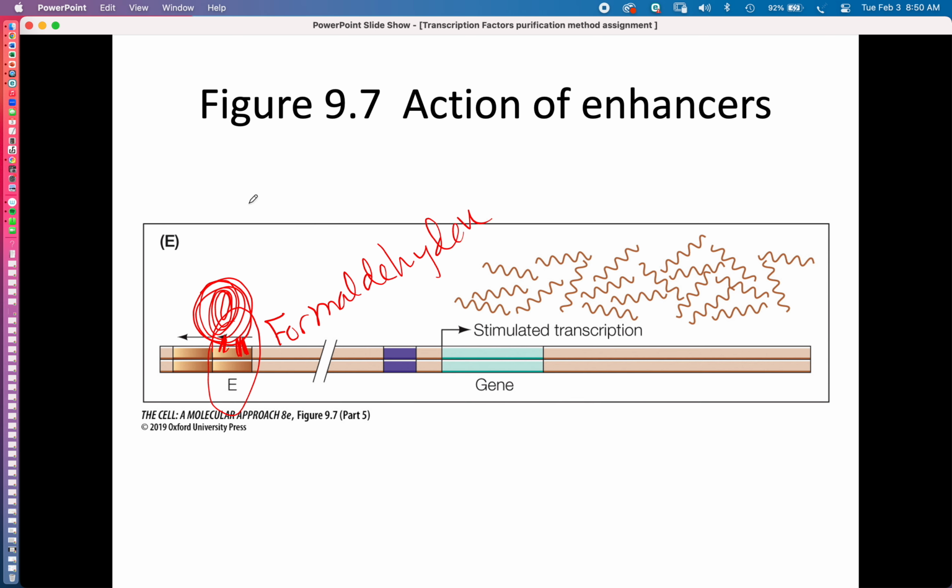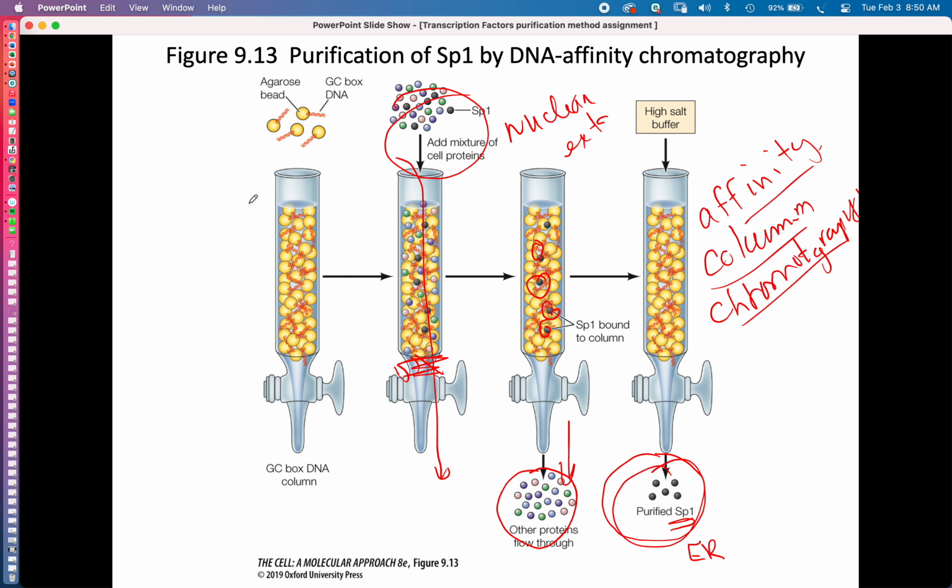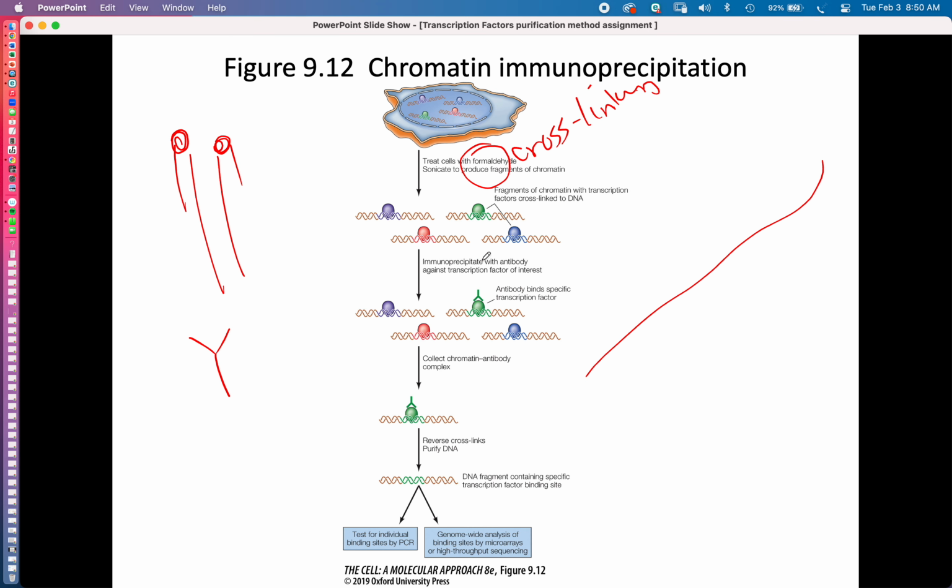We use the formaldehyde for just a short time. That's good because then we can break the cell, isolate nuclei, break the nuclei open, and even use a mild detergent to make sure that all the proteins are released from the DNA except ones that are covalently bound.